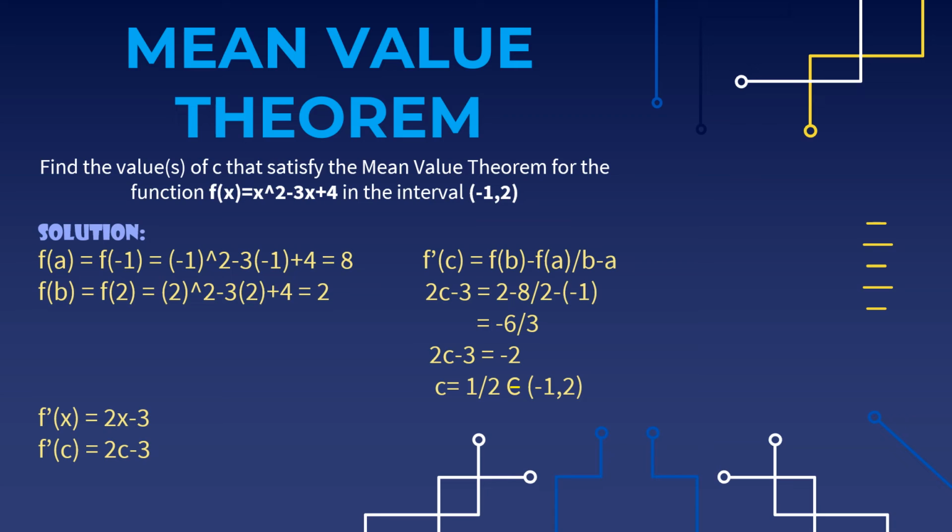For the next step, we need to use the formula for the mean value theorem, which is f prime c equal to f(b) minus f(a) over b minus a. Then we need to substitute all of the values that we got from the calculation before into the formula of mean value theorem. For the final answer, we will get the value of c, which is 1 over 2, is the element of interval -1, 2.